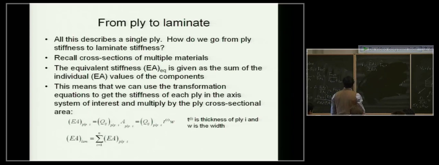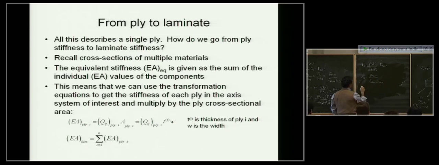Now, what is my total EA? I want to say that epsilon applied is F total over E laminate A laminate.